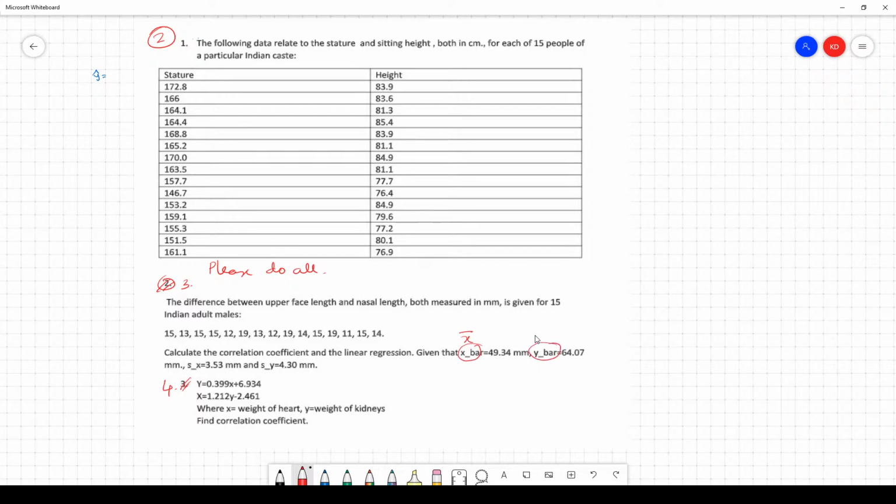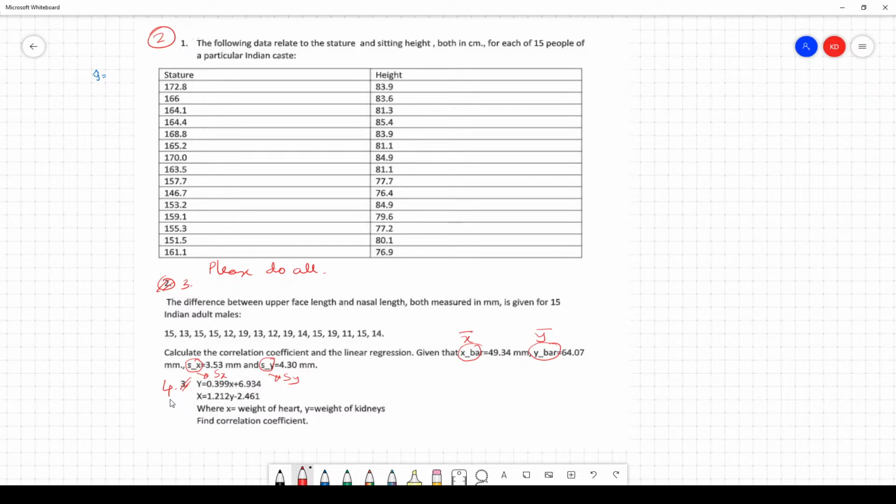This is the mean of y. This is the standard deviation of x. This is the standard deviation of y. So please do this problem.